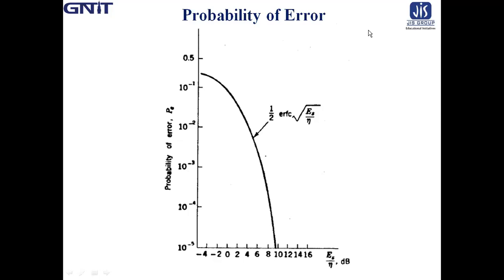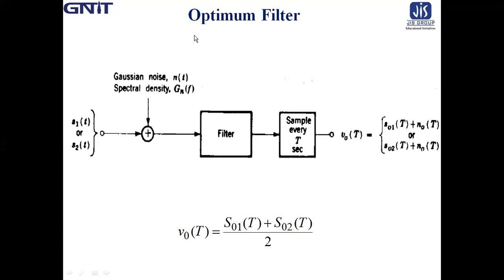So it cannot be wrong more than half the time on average. Now I move on to the optimum filter.